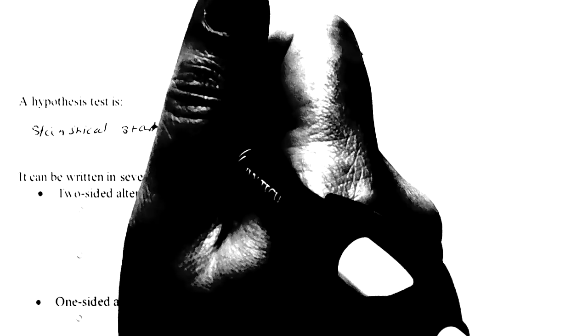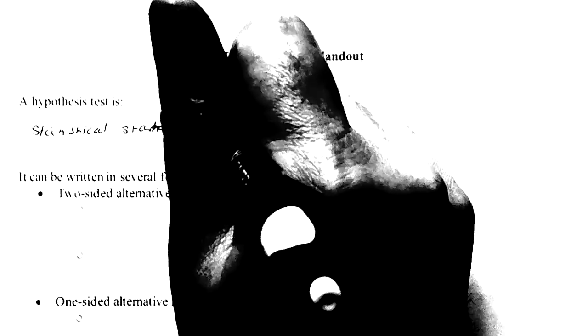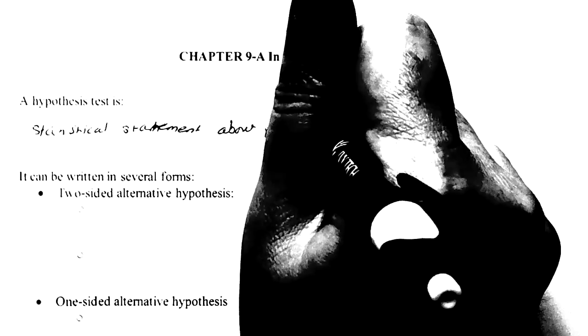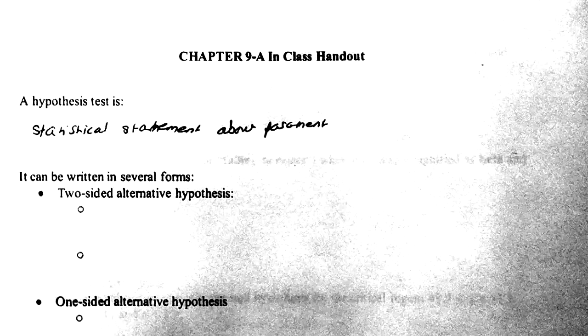So a hypothesis test is a statistical statement about one or more parameters. And that statement can be about a parameter that is the mean, the variance, you can do it on the median, on the mode.